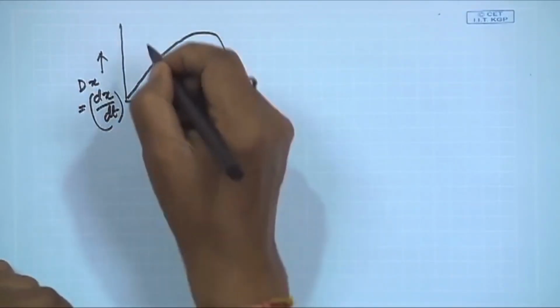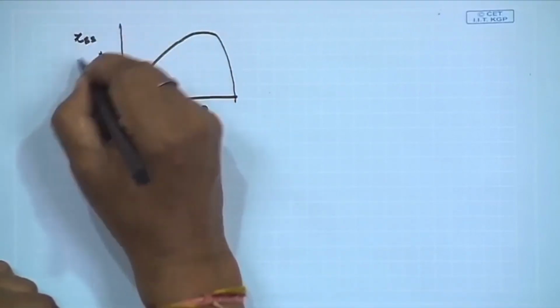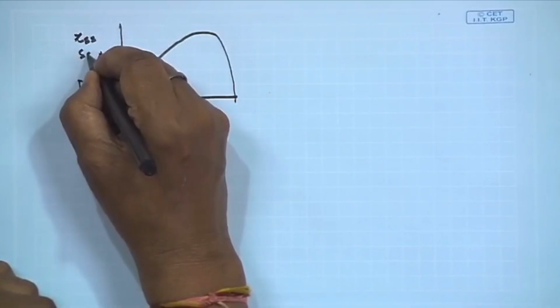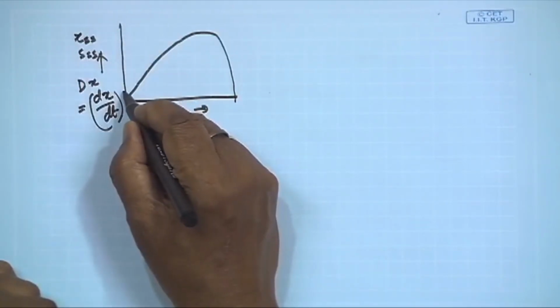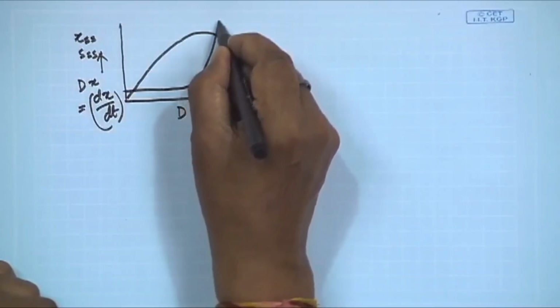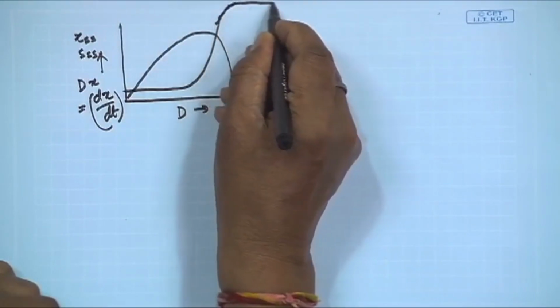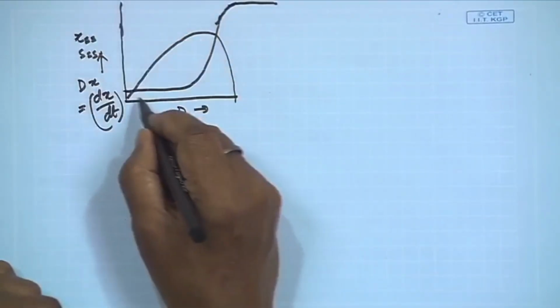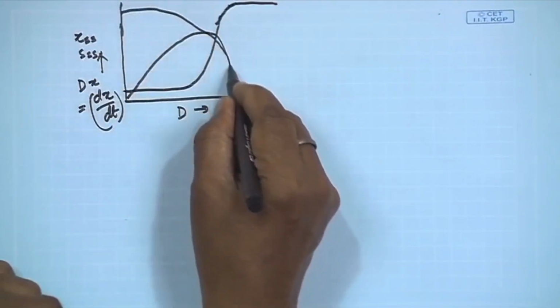At the same time, we can have the plot of XSS, the steady state cell mass concentration, and SSS, the steady state substrate concentration. The steady state substrate concentration will go like this, then it will be constant, and then the cell mass concentration will come back here.